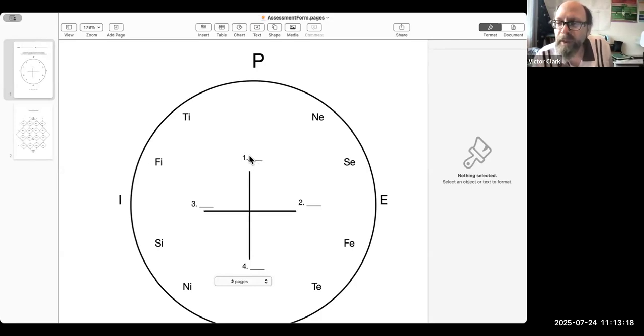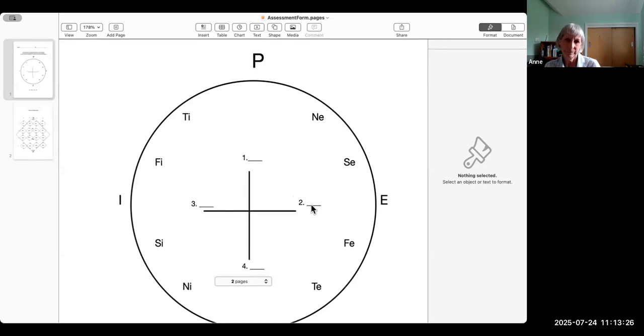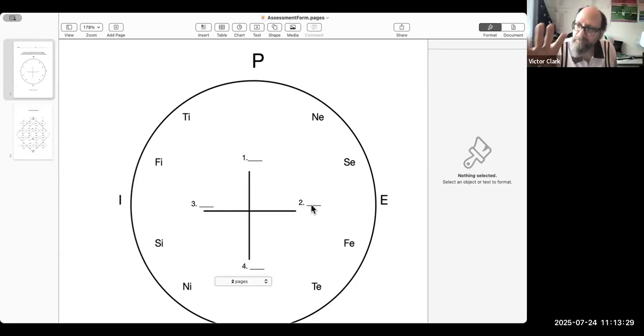The intuitive is irrational, and the thinking is rational. So they're going to be different in kind and different in orientation.